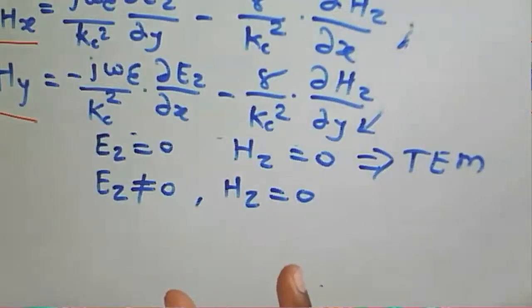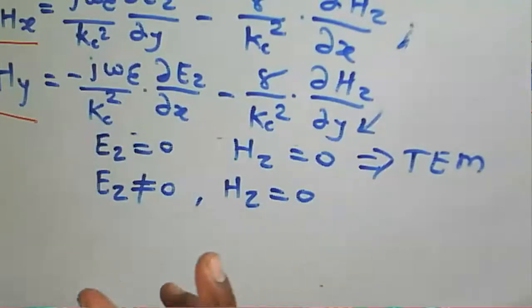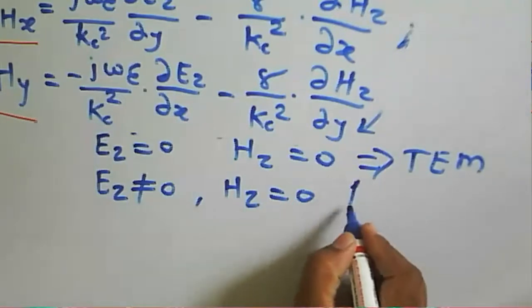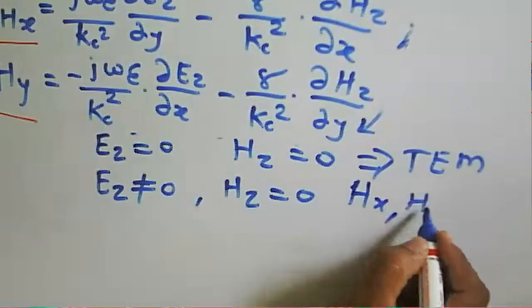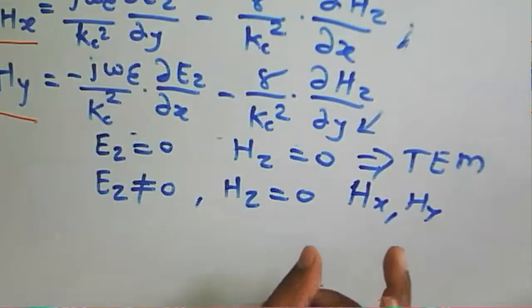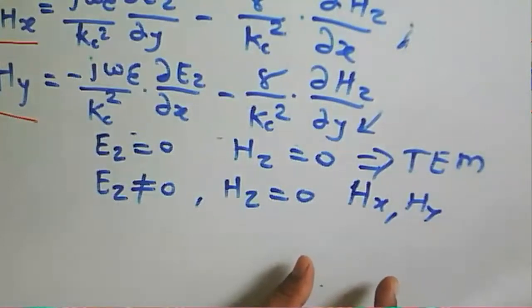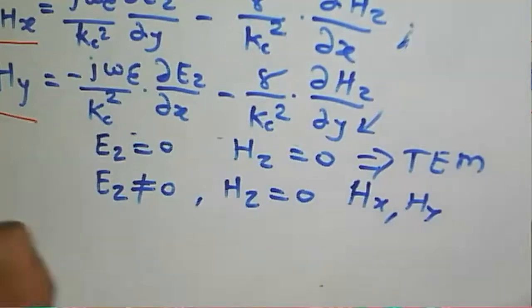Your wave has only magnetic field components, Hx and Hy. Both are perpendicular to the direction of propagation of the wave. Then in that case, the wave becomes a TM wave.